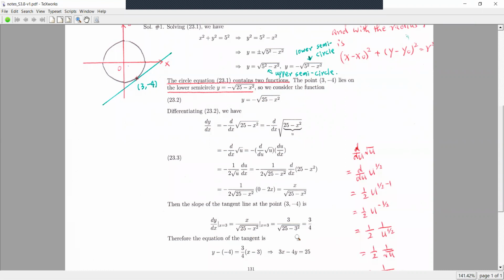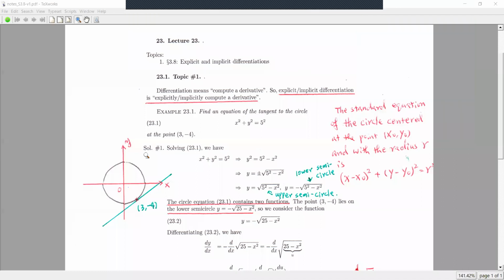Now we have the slope. We have one point on the tangent line. The equation of the tangent line can be written down by the point-slope formula. The result is here. Let me make a summary about this solution. To find the slope of a tangent line, we need to compute a derivative.